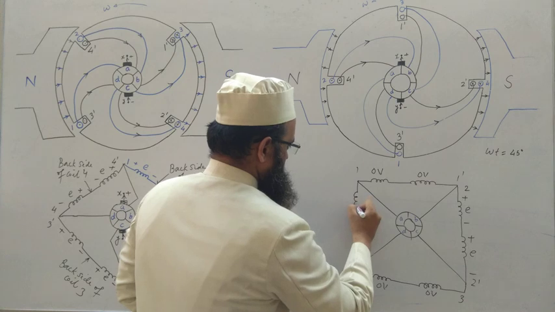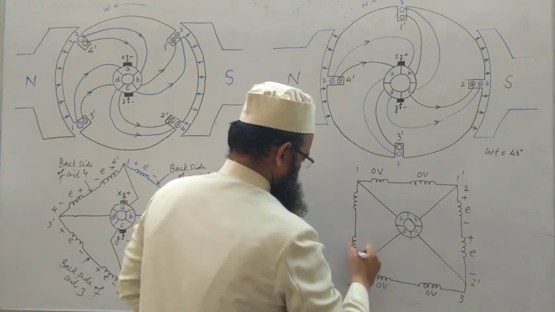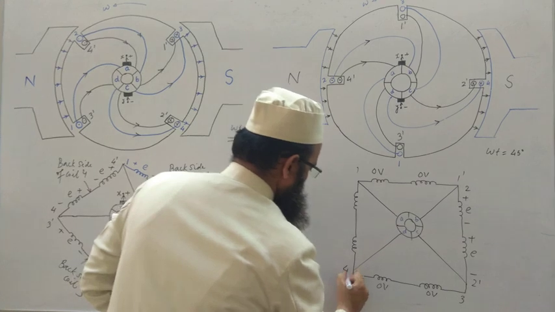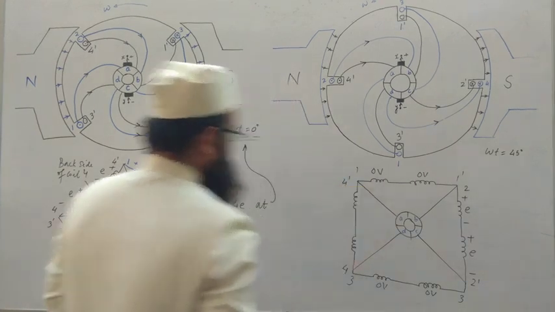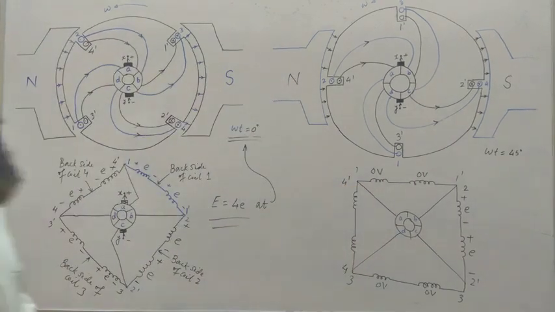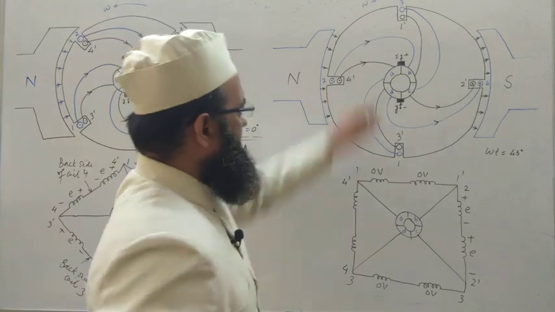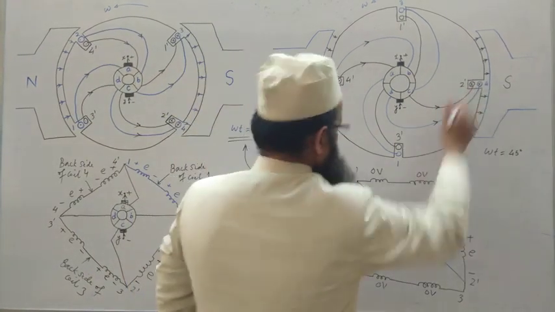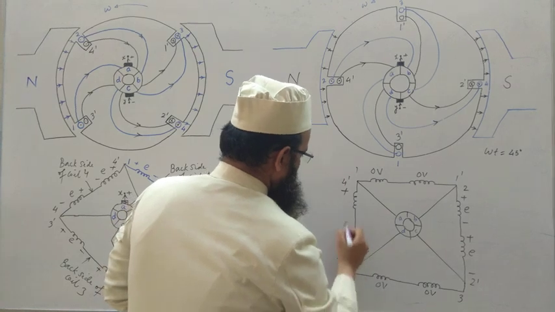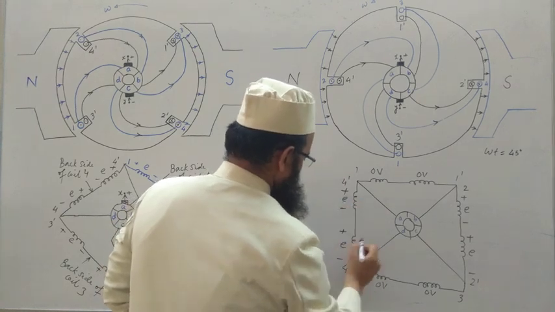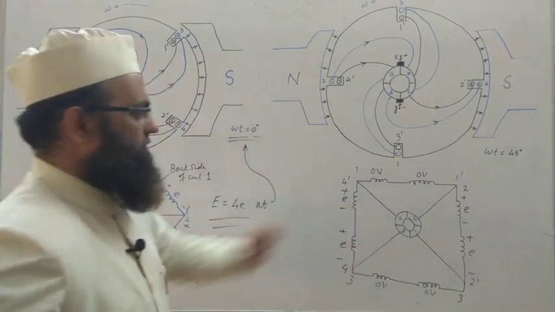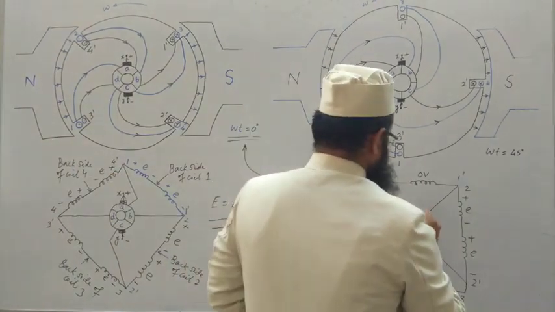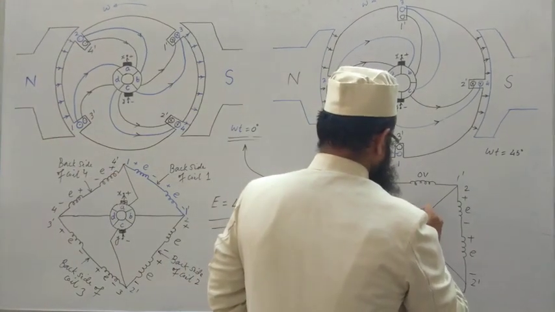So right here, this is 4, this is 4 dash, and what about 4 dash? This is 4 dash plus, right here plus. And what about 4? Cross, so write minus here, so plus, minus, plus. This is E, this is E, this is back side of coil 4, and these are our brushes position.